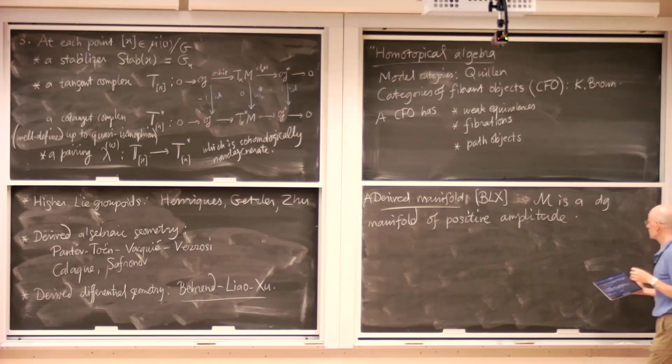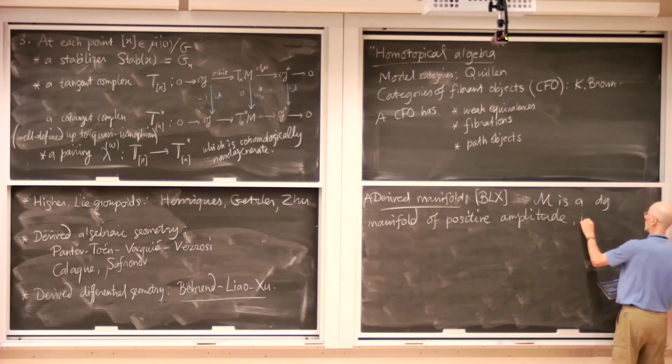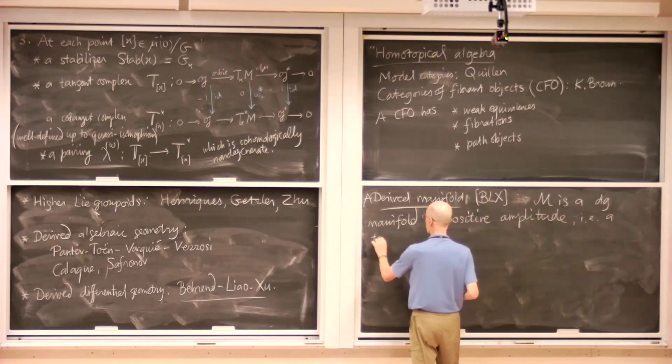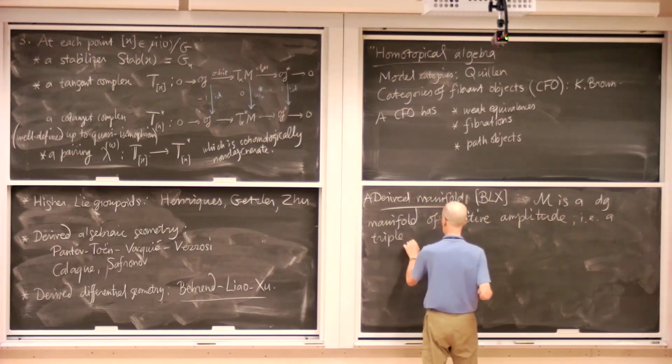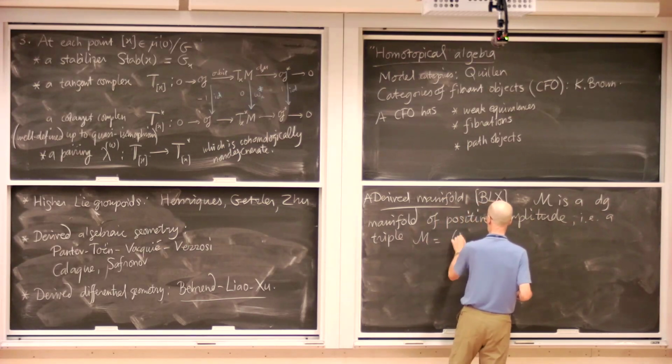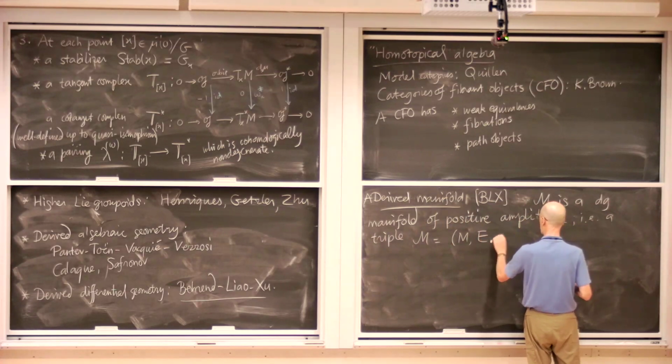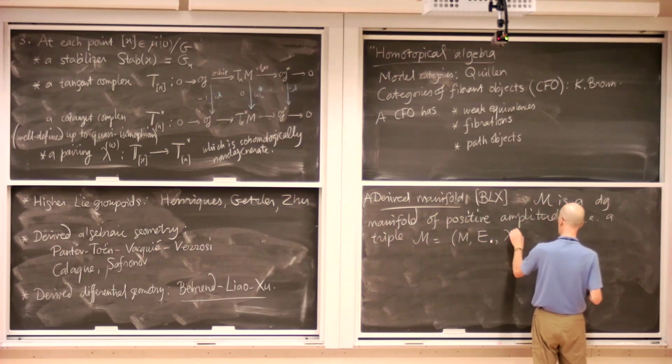So what that means, it's a triple, it's a manifold with some extra structure: a bundle, a finitely graded bundle, and some operations on them.